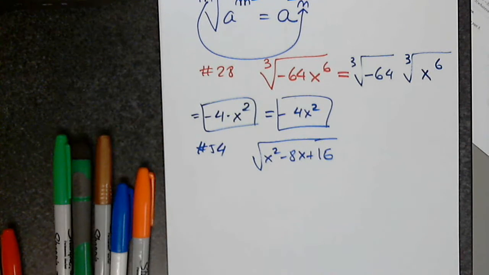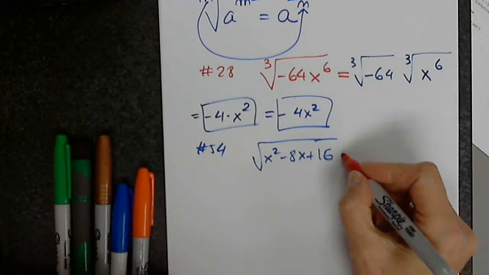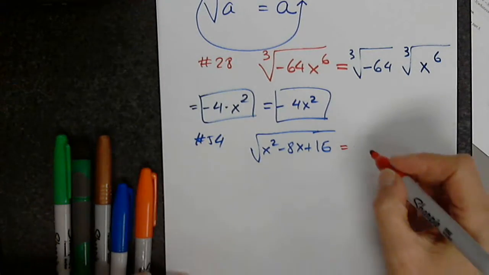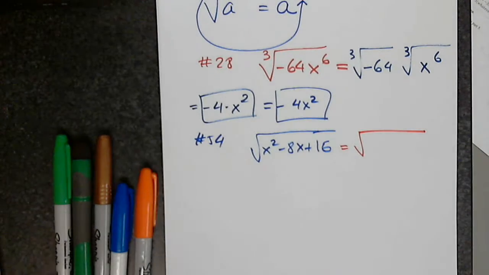Okay, so I have to worry about the answer. If the answer can never be negative, then I will not use the absolute value. But if it can be negative, then I will have to use the absolute value. Okay, so we have a contract. How do I continue? Yes, indeed. How do I factor?